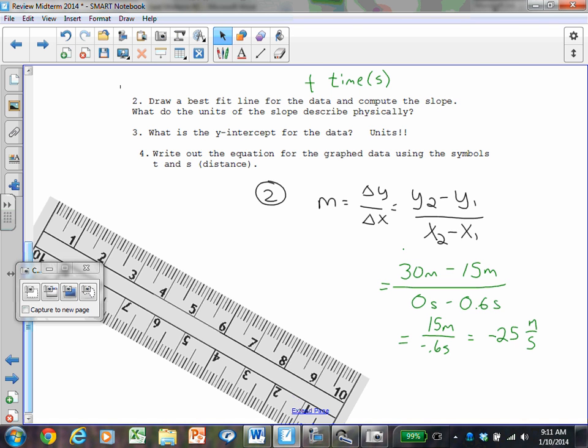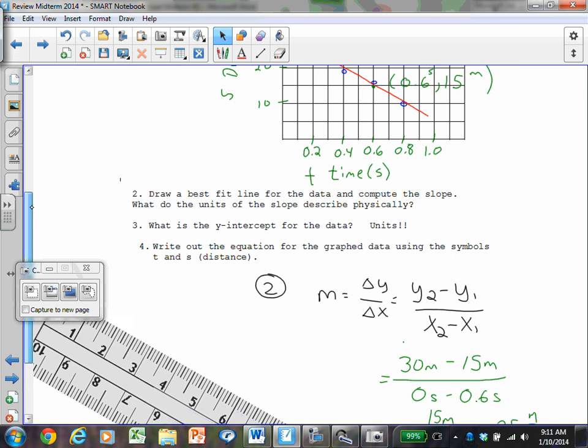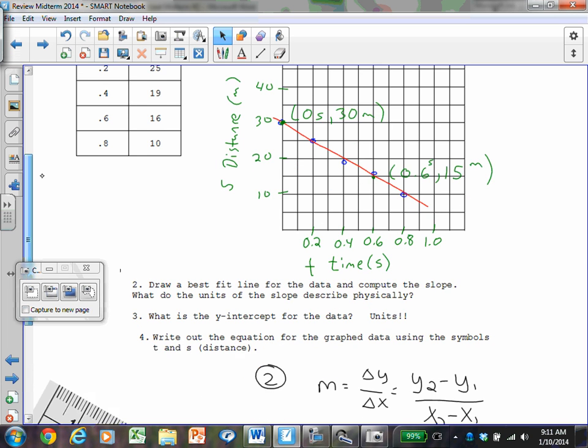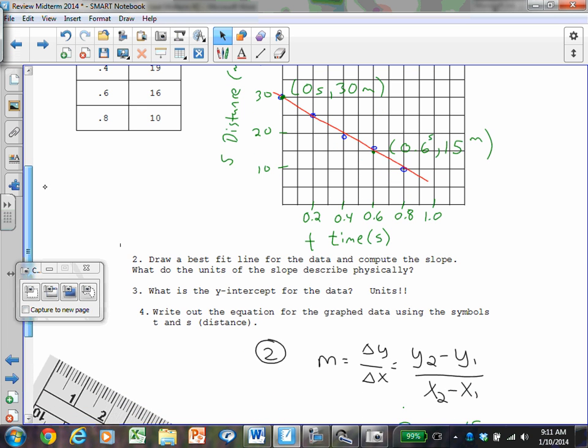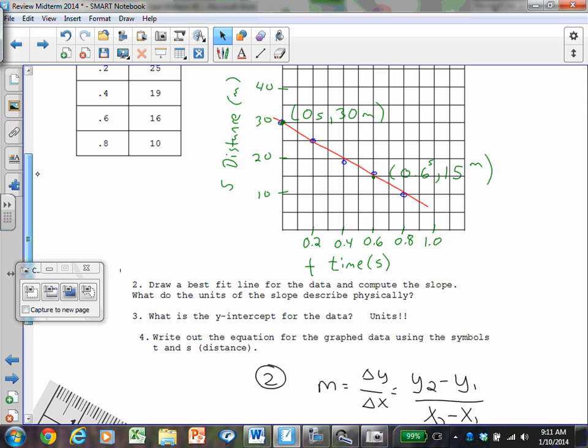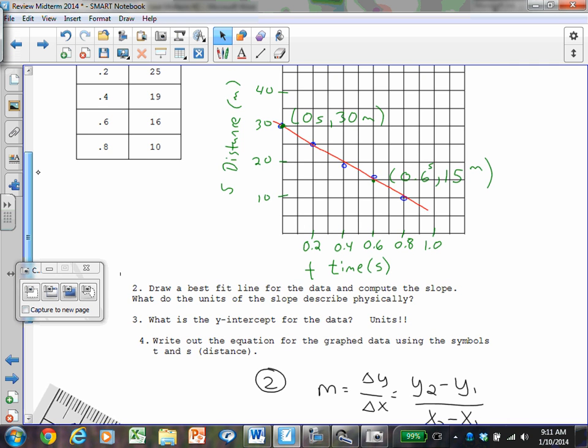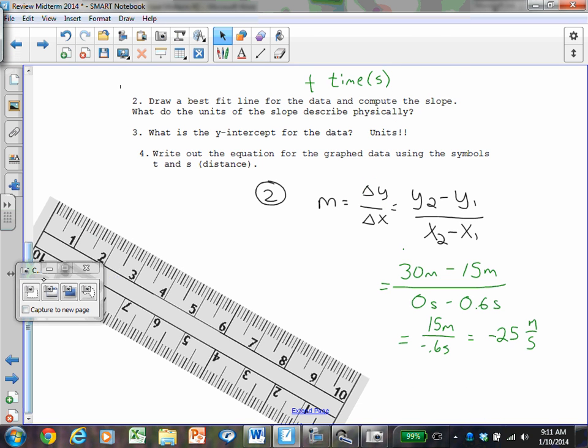What is the y-intercept for the data? Well, what is it on there, Sam? 30 what? What are the units? 30 meters, right? So our B is 30 meters. And write out the equation using t for time and s for distance.